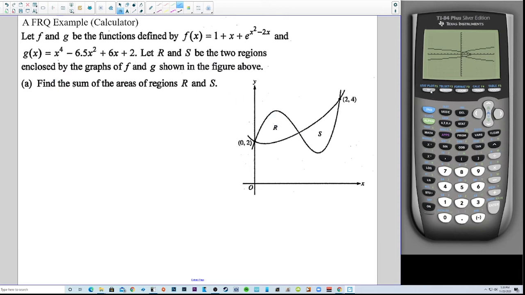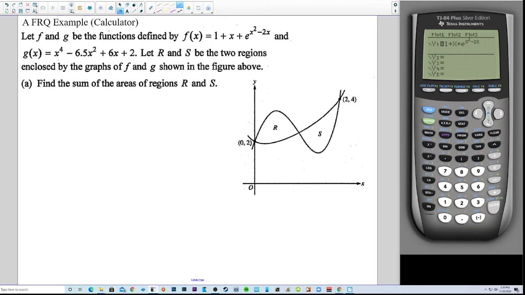Now we can use a calculator for this. So let's get out of this mode. We're going to go to y equals, clear all this stuff. And we're going to go 1 plus x plus e to the, holy cow, what an equation, huh?